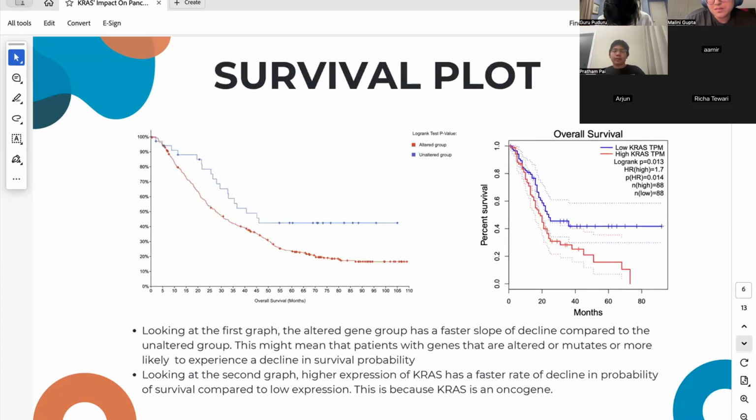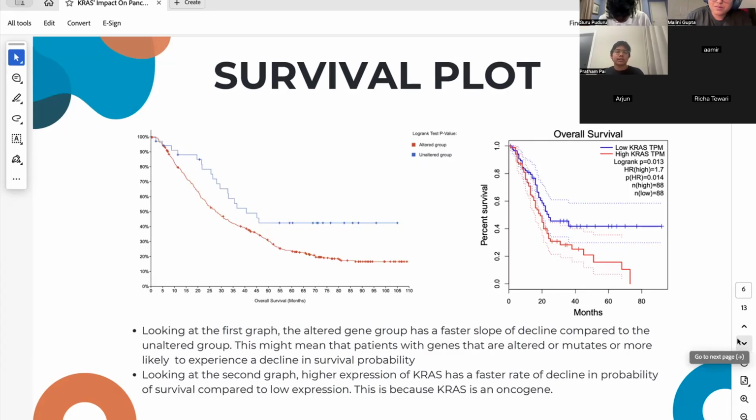All right, so survival plots. There are two survival plots. One looks at how the alterations of a gene affect survival and the other at how transcription rates influence survival. The first graph shows the altered group in red and the unaltered group in blue.